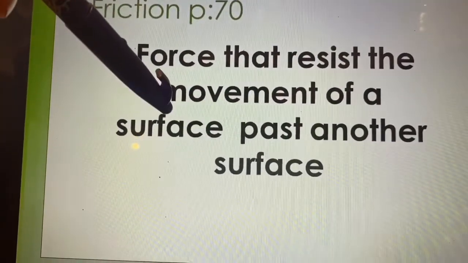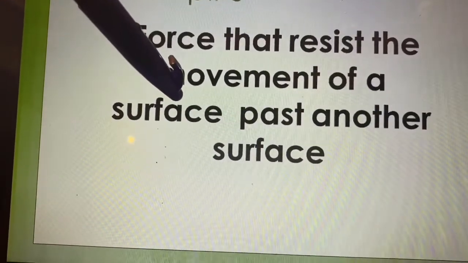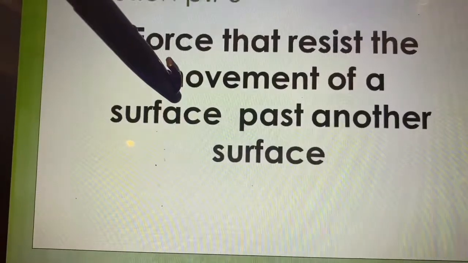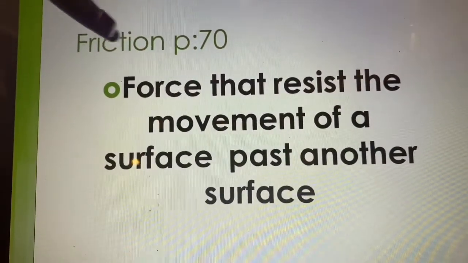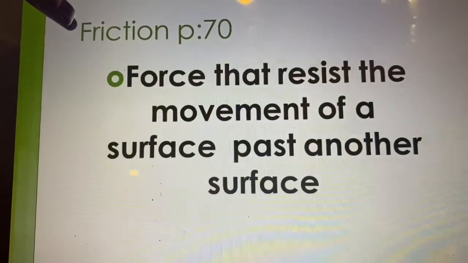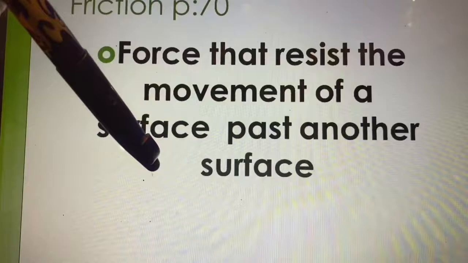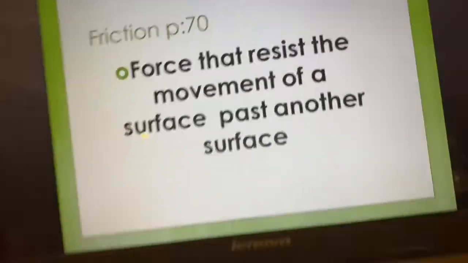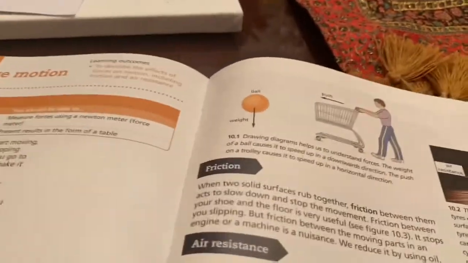If it was a very rough surface, you can't move very fast, because the friction is very high. Okay, when does this happen? When two surfaces pass each other. Two surfaces. Okay? So our lesson today, we are done till here.